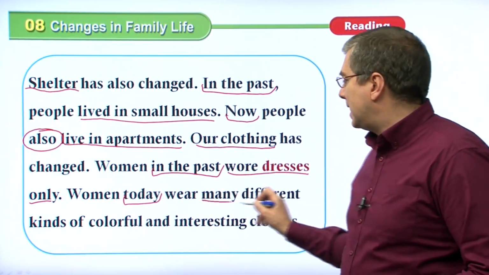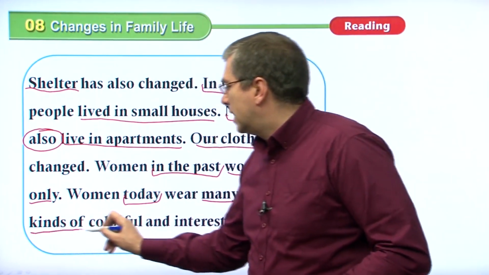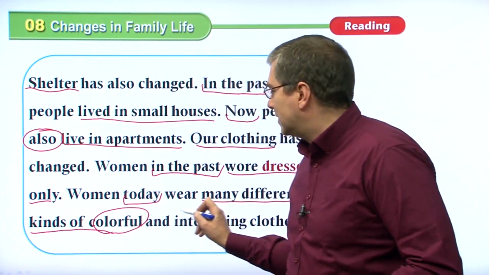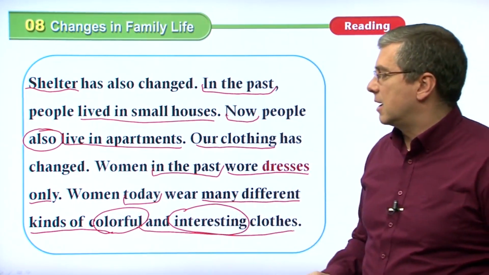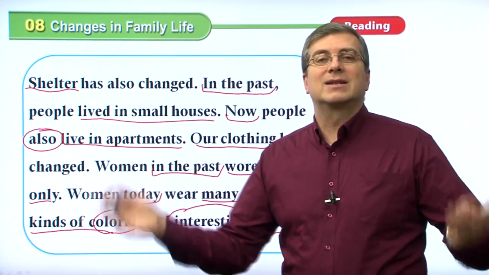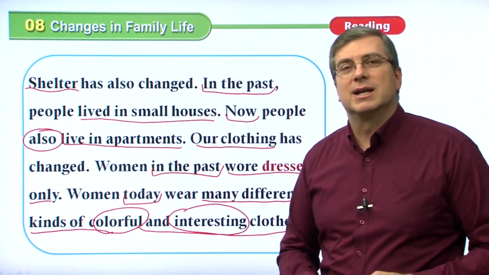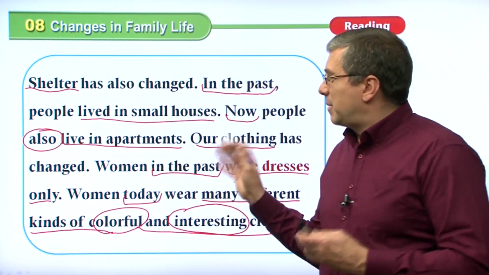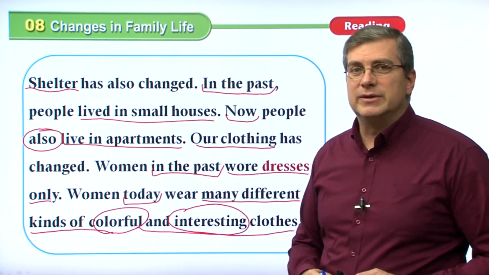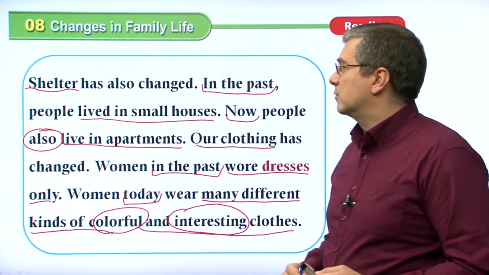Today, they wear many different kinds of colorful and interesting clothes, right? So that's interesting there. Not just dresses. There's lots of different kinds of colorful and interesting clothing that women wear these days. So this passage is talking about some of the differences, of course, some of the similarities as well.